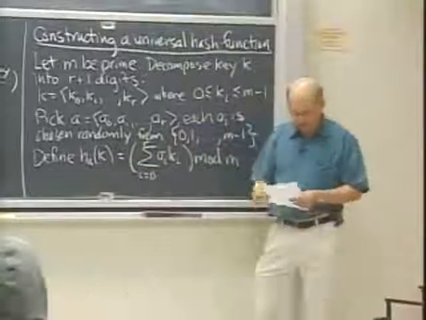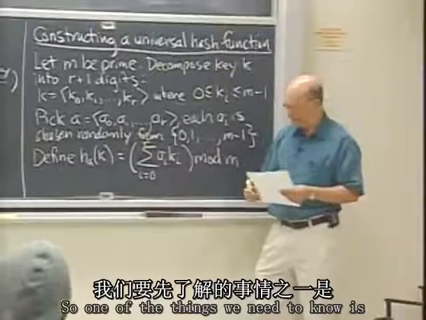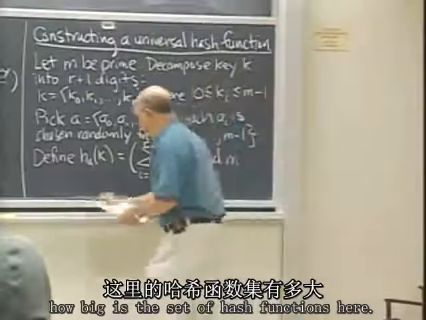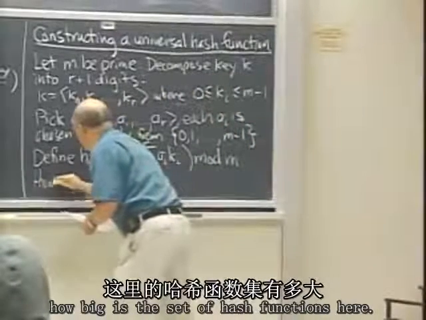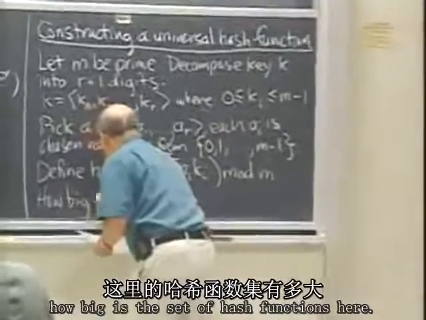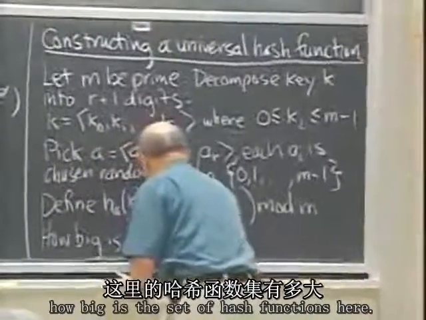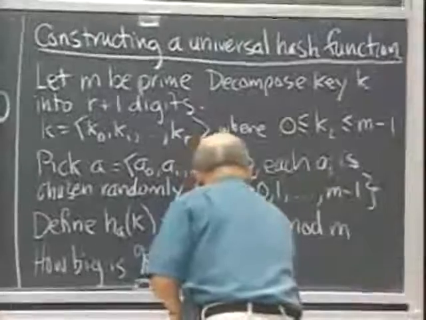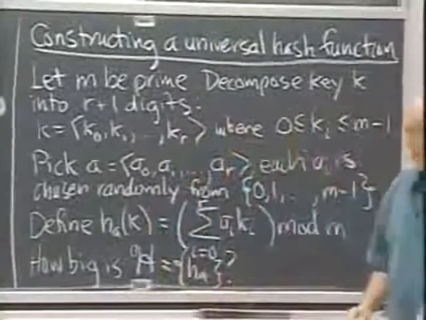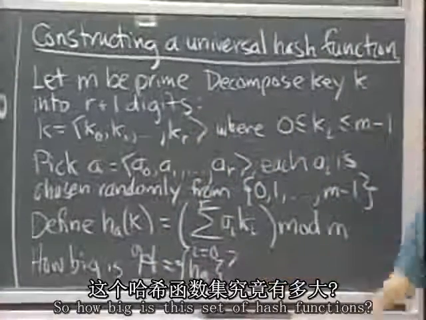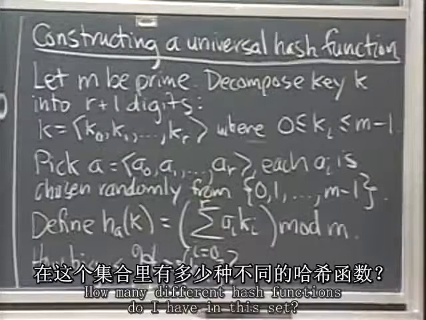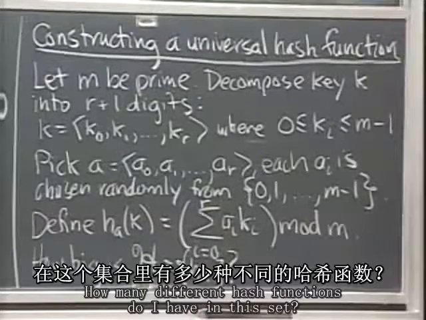So one of the things we need to know is how big is this set of hash functions? How many different hash functions do I have in this set?